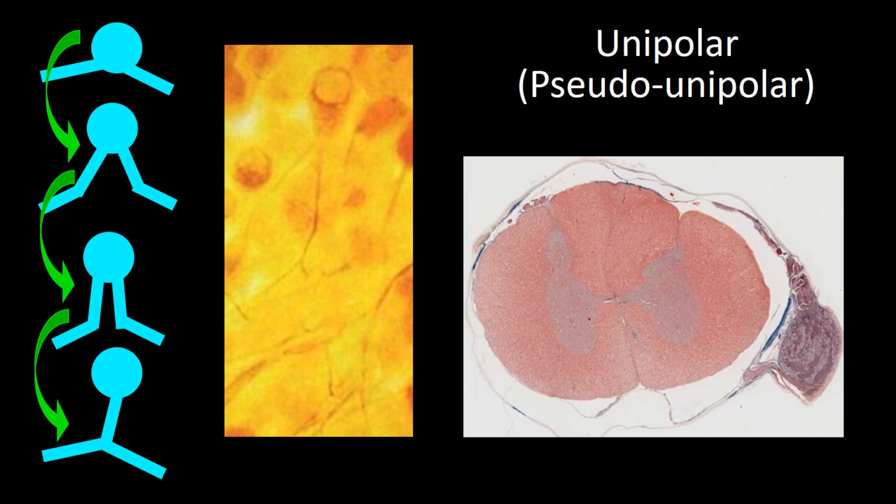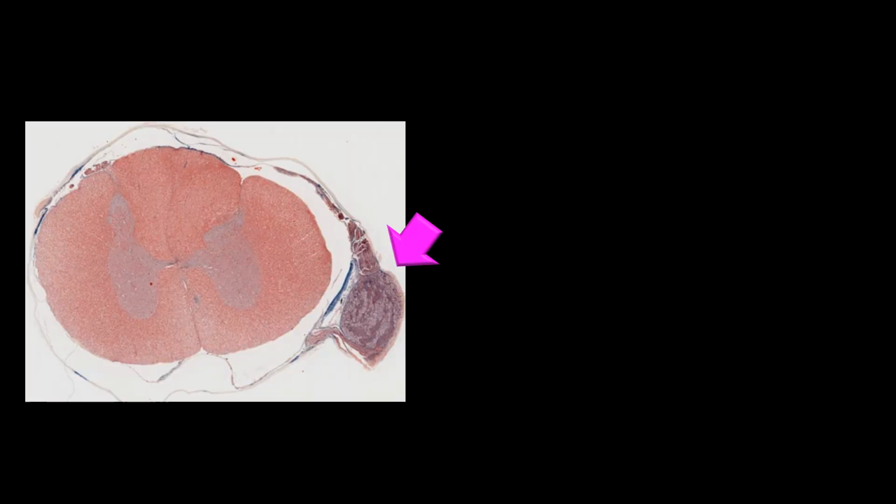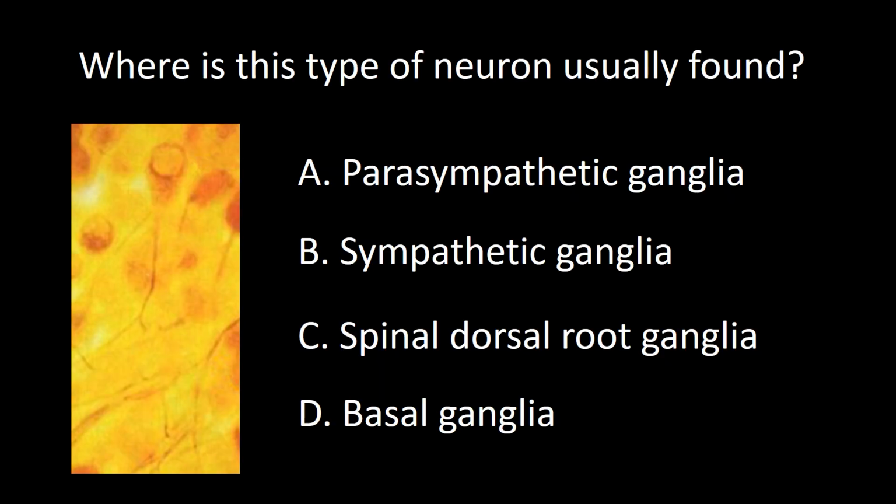Unipolar neurons are sensory neurons with cell bodies located in the dorsal root ganglia, as indicated here, and in the cranial nerve sensory ganglia, as you can see here in the trigeminal ganglion. I almost forgot to tell you that dorsal root ganglia and cranial nerve sensory ganglia also house visceral sensory neurons. So the answer to this question is C.